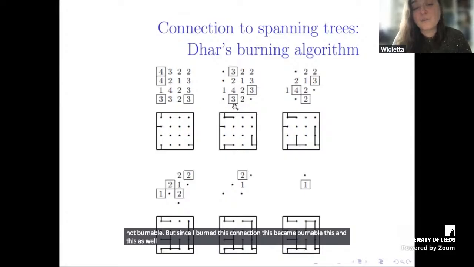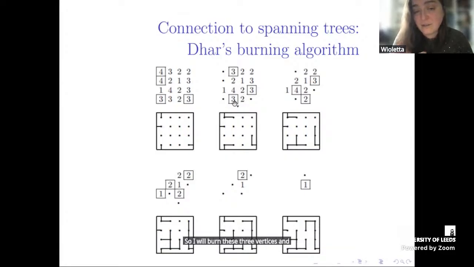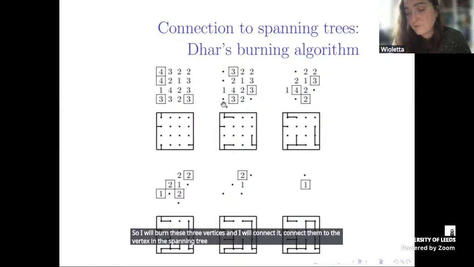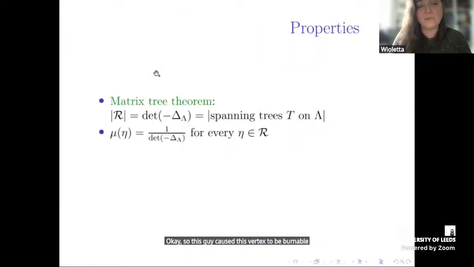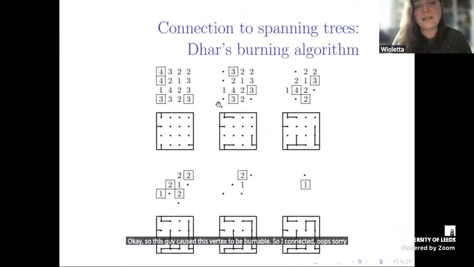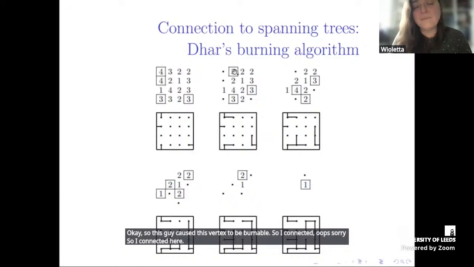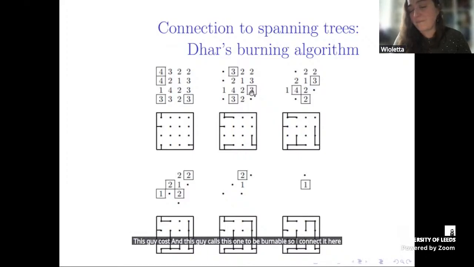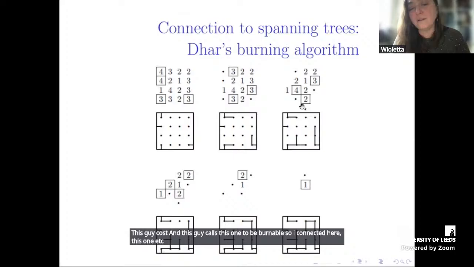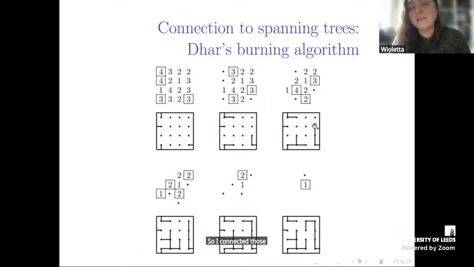So I will burn these 3 vertices, and I will connect them to the vertex in the spanning tree which caused them to be burnable. So this guy caused this vertex to be burnable, so I connected here. And this guy caused this one to be burnable, so I connected here, etc. So I connected those three.